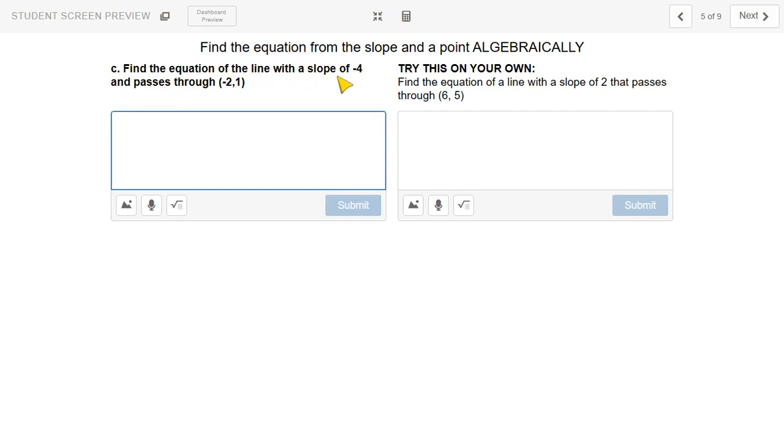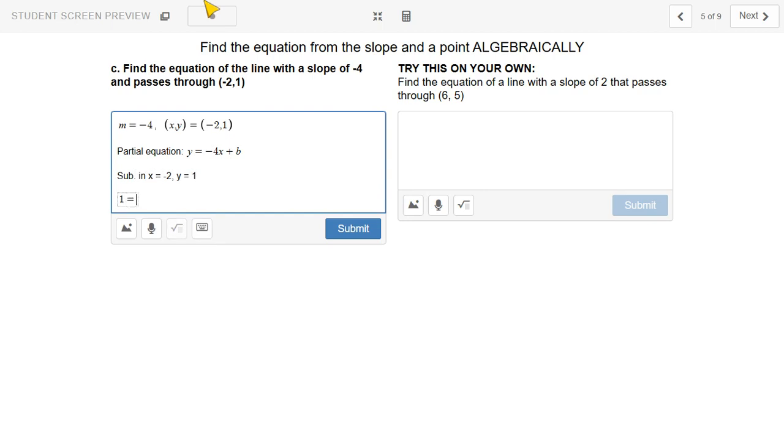Find the equation of the line with the slope of negative 4 and passes through negative 2 and 1. We know the slope is negative 4. We know that a coordinate xy is equal to negative 2 and 1. Let's write the partial equation. Y is equal to negative 4x plus b. I'm going to substitute in x is equal to negative 2 and y is equal to 1.